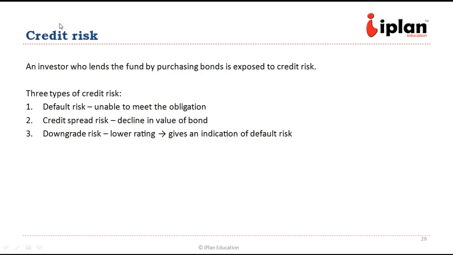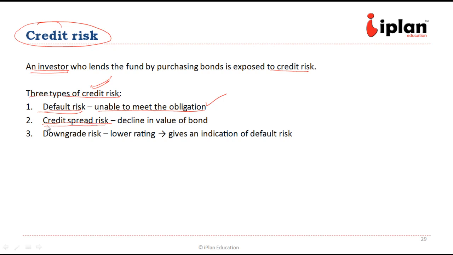Credit risk is another important risk associated with the bond. So if the borrower is not able to repay the principal, or is not able to pay the coupon as promised on time, it is called credit risk. There could be three categories of credit risk. First is default, when the borrower is not able to meet the obligation. The second is credit spread, where the risk of not paying back rises.